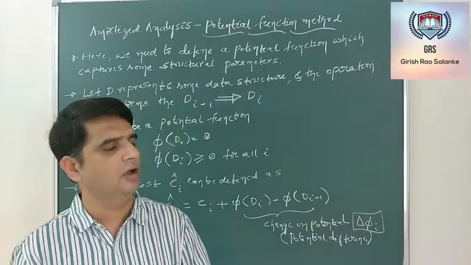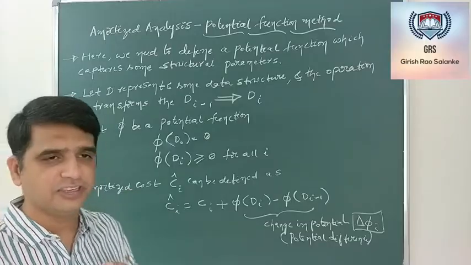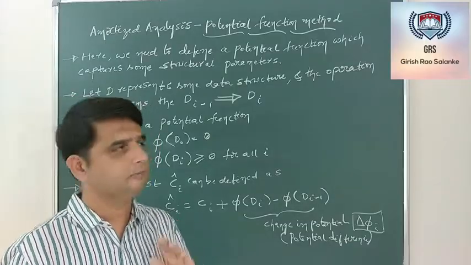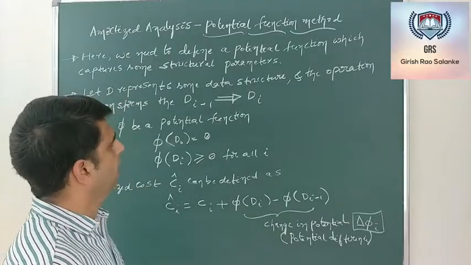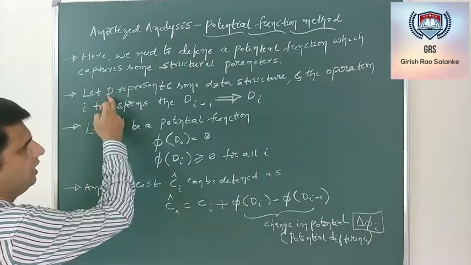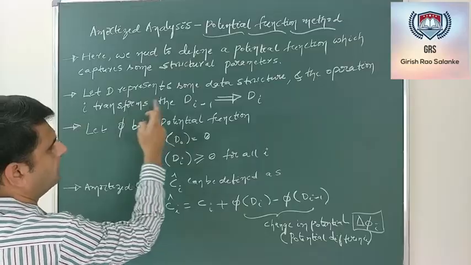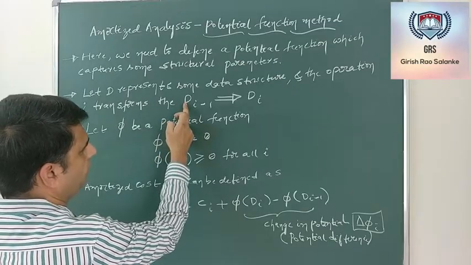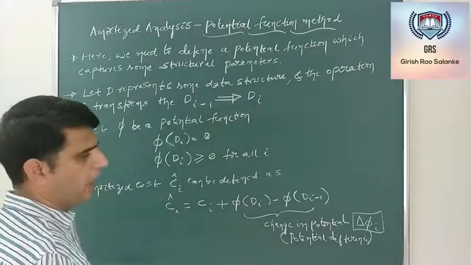Note that in the potential function method, we define a potential function which captures some structural parameters. Let me assume that there is a particular data structure denoted with D. On performing an operation i on that data structure, D_{i-1} gets transformed to D_i.